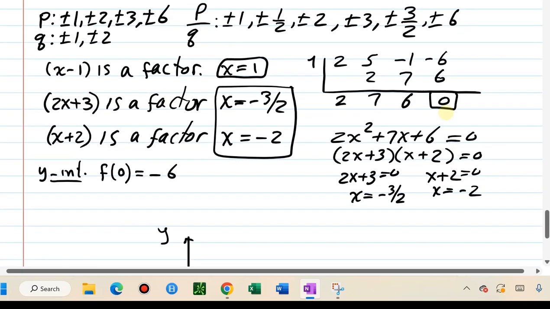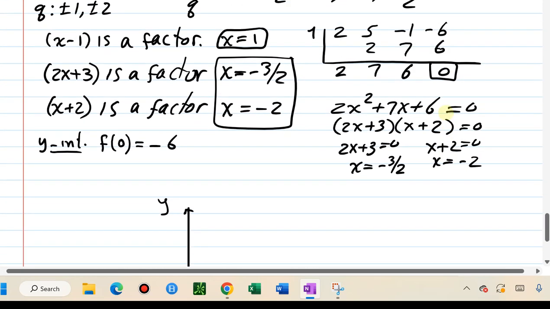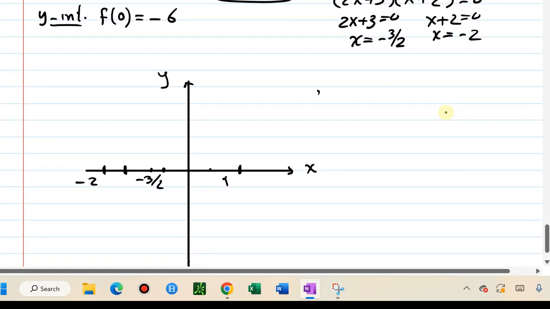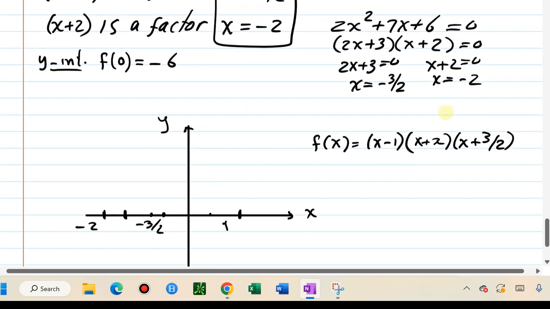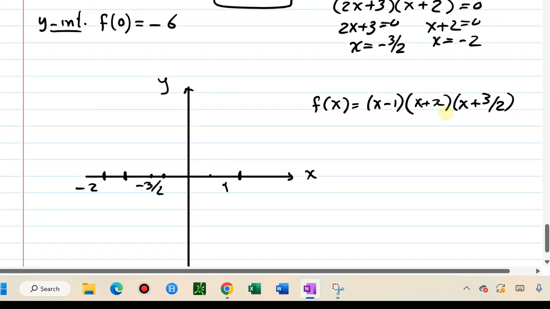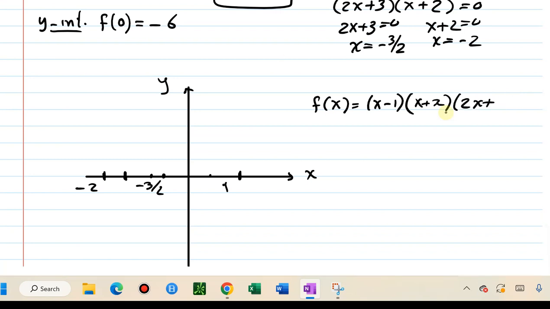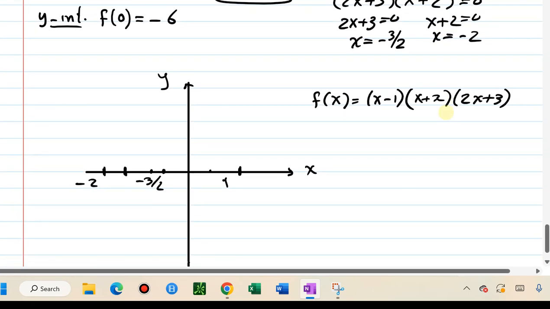If I write this in factored form, remember the factored form of f of x is going to be x minus 1, x plus 2, and x plus 3/2. Or 2x plus 3, but actually I like the x plus 3/2 better myself.